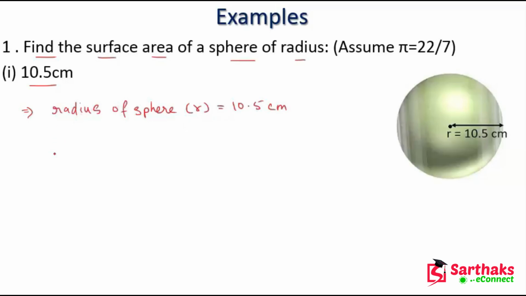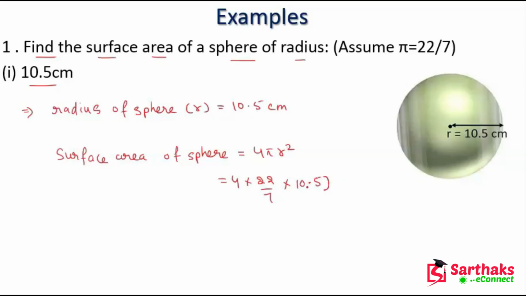We know that the surface area of a sphere is 4 pi r square. So 4 into 22 upon 7 into 10.5 square. After solving this, we get 1386 centimeter square. So this is the answer of this question.